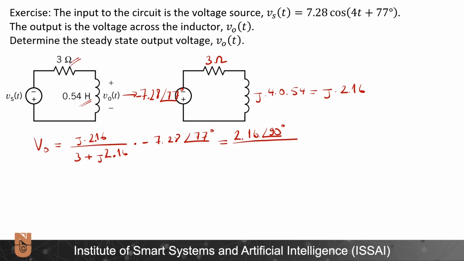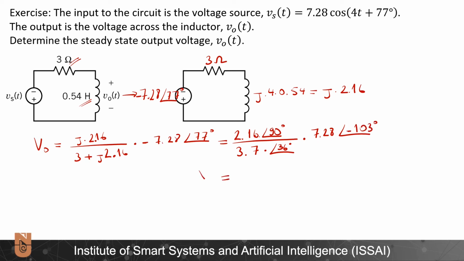So the magnitude will be 3.7, and the phase will be, according to MATLAB, 36 degrees. Times, I will convert this minus 7.28 to plus 7.28, and I will subtract 180 degrees. I could have either subtracted or added 180 degrees. So I will subtract, and I have 103 degrees here.